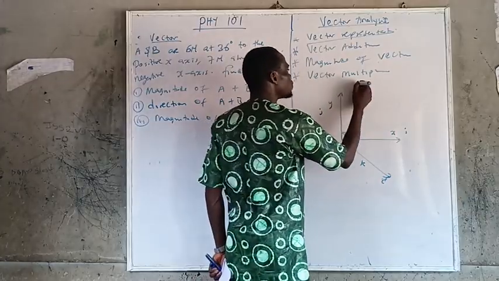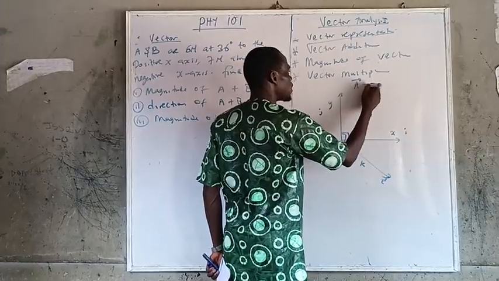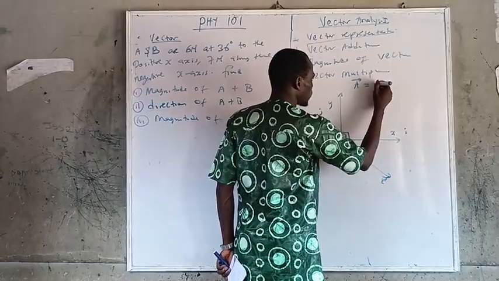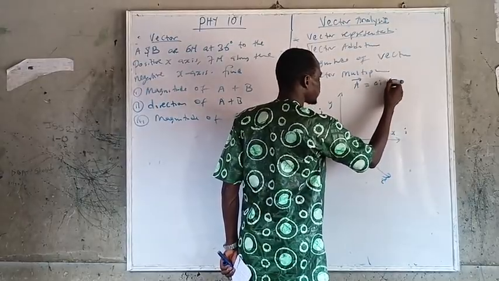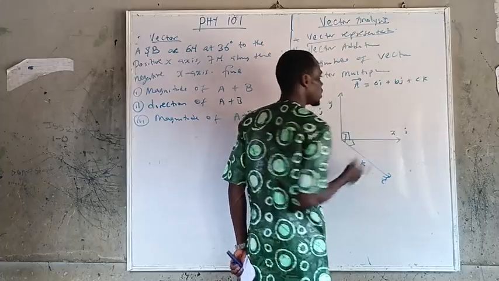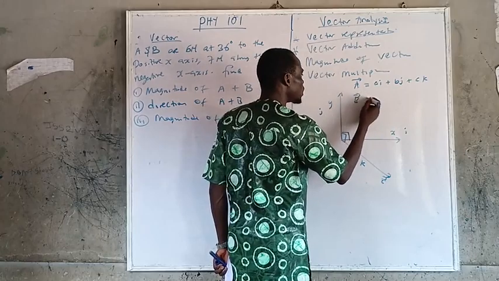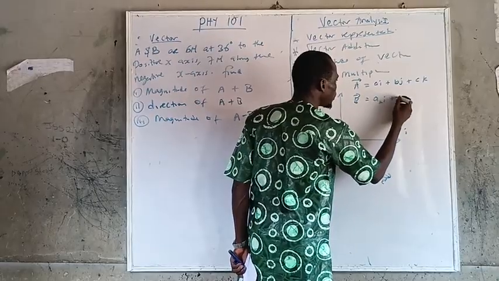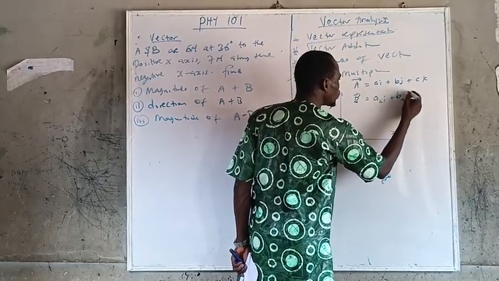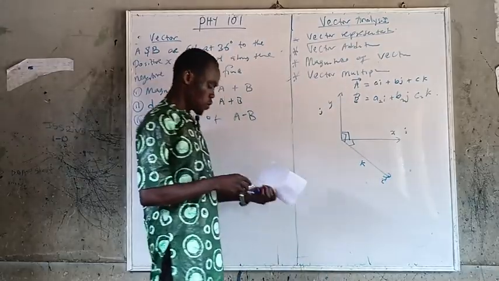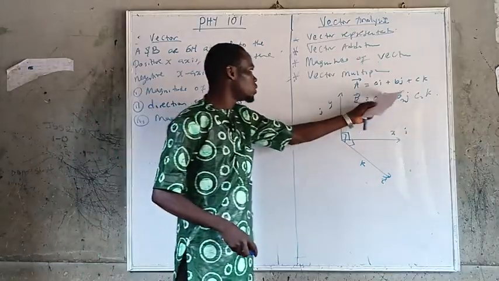Now if I have vector A represented as a1 i, b1 j, c1 k, and another vector B, a2 i, b2 j, c2 k. Now, what are the basic questions you can be asked on this?